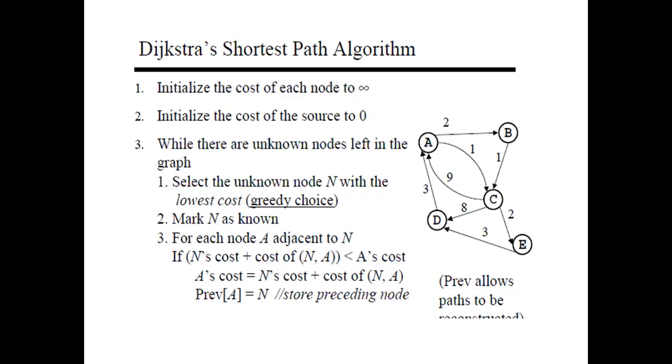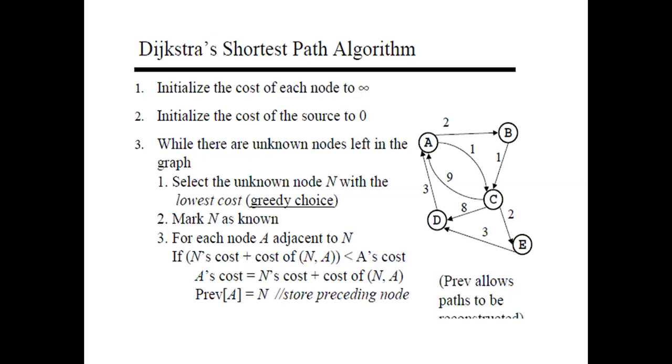One set contains vertices included in the shortest path tree, and the other set includes vertices not yet included. It means we have to select the unknown node n with the lowest cost.